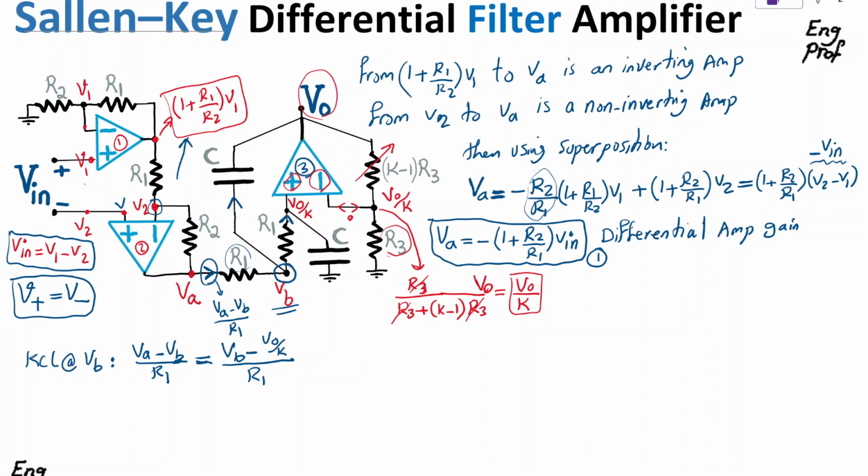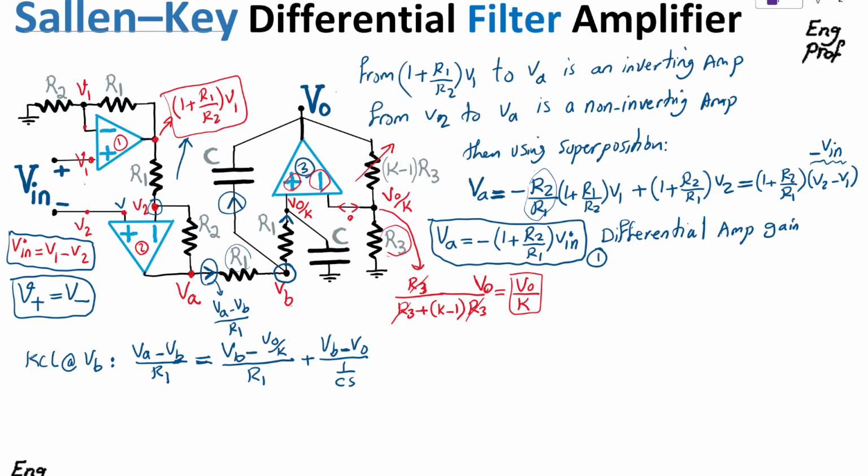And finally, I have this current, which is VB minus Vout divided by 1 over CS. I'm talking about S-domain analysis. The current is computed like this because the impedance of the cap is 1 over CS.